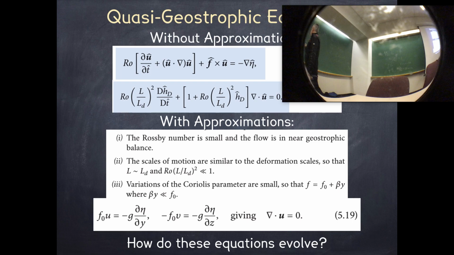So this is the first order from the next system, plus f0 cross u0, plus f0 cross u1, plus beta y cross u0 equals gradient eta0 plus, oh, and sorry, I should have had some Rossbys in here.